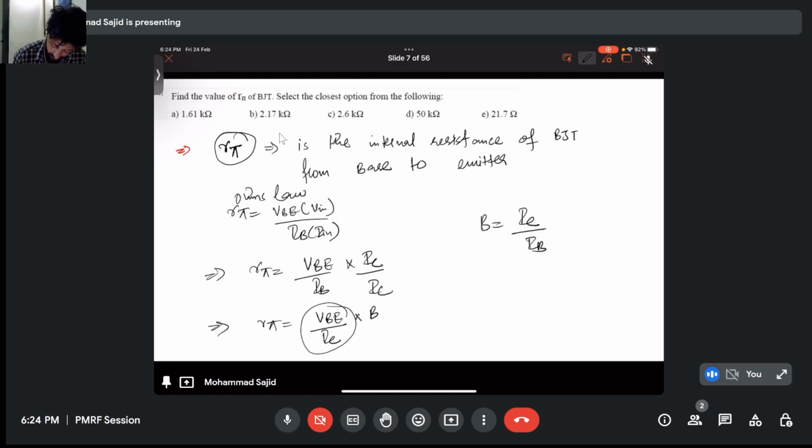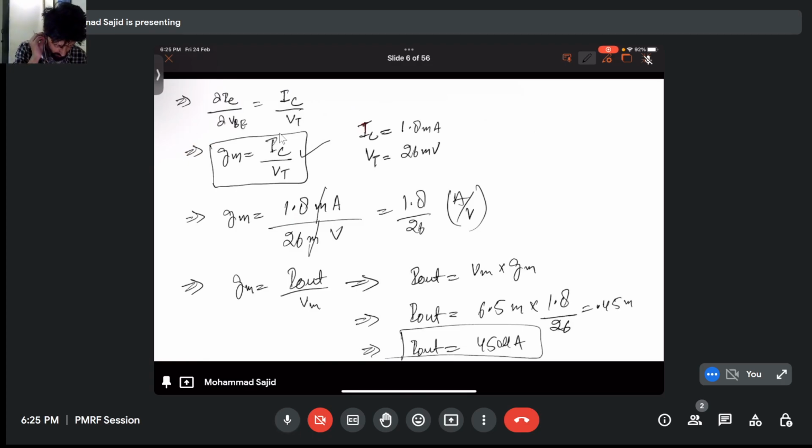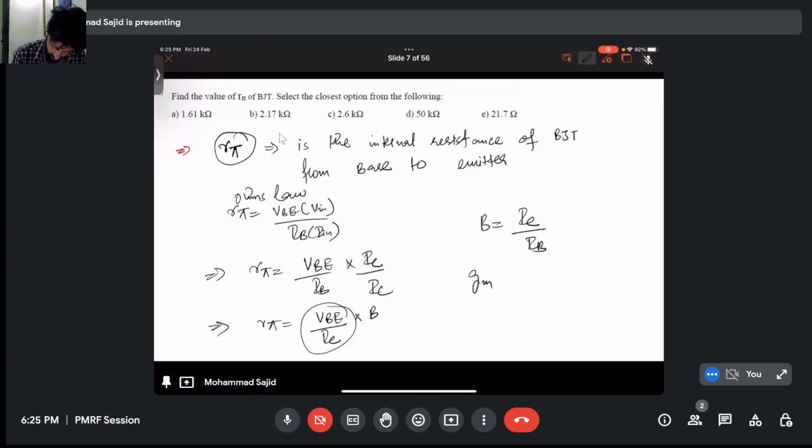What does this give me? Remember Gm? What is Gm? Gm is I out by V in. So can we write Gm in place of this? Right? So this will give me R pi is equal to beta by Gm, right?